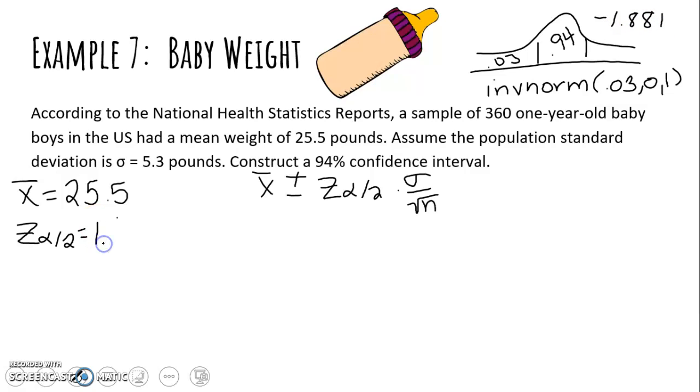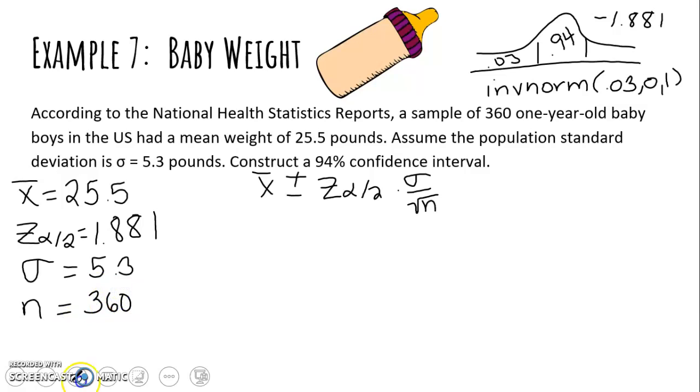We'll drop the negative off and make it 1.881. The sigma is our standard deviation. That is 5.3. And n is the number in our sample size, which is 360.